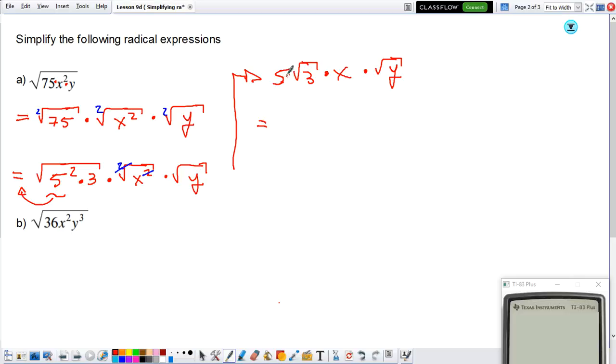So 5 times square root of 3 times x times x. Multiply the outsides, so it becomes 5x. And then you multiply the square roots, which becomes 3 times y, which is 3y. And that's our final answer here.